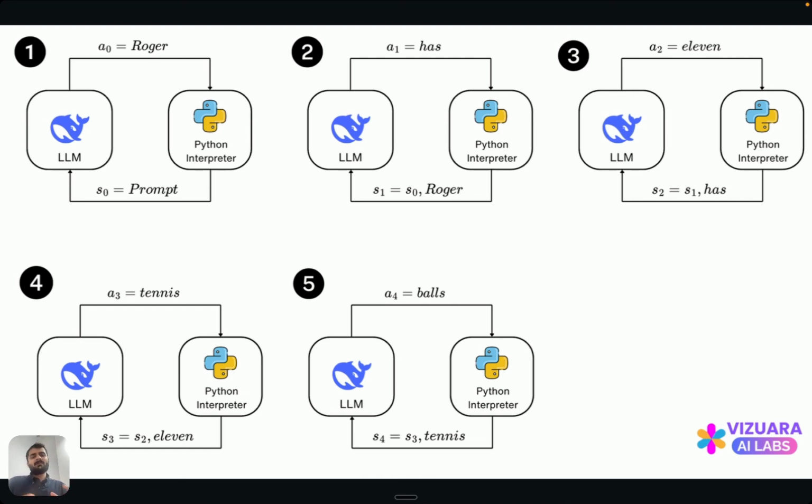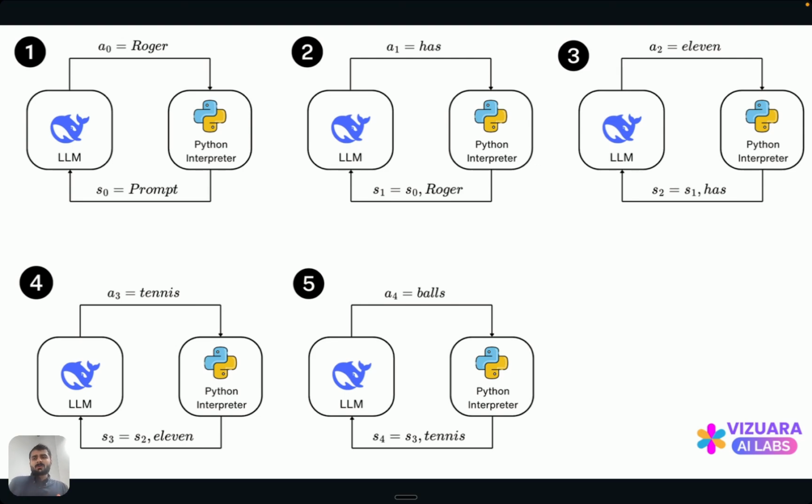So the information is the number of words or tokens which have been completed by the LLM up till that iteration, and the action is the next token or the next word which the LLM is predicting. So this way, the answer completion can be thought of as a series of states and actions taken by a large language model.